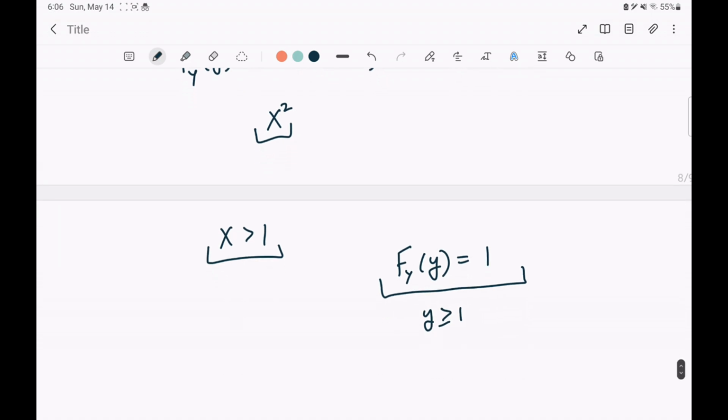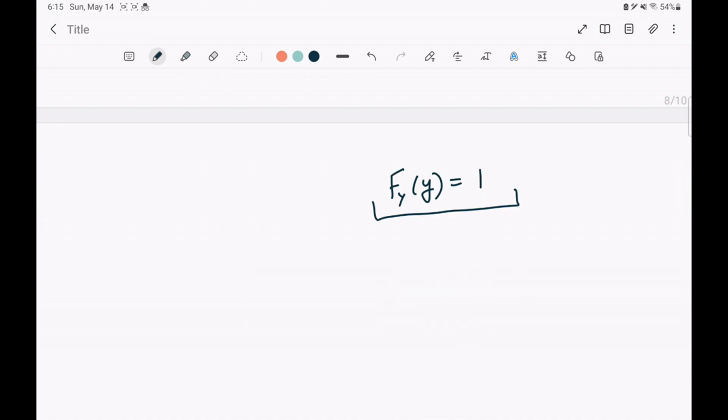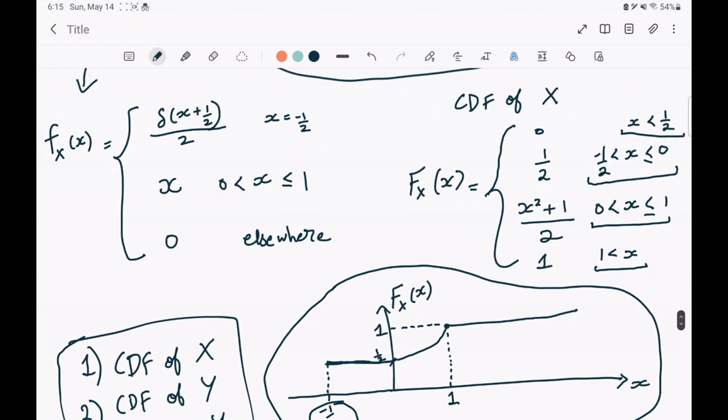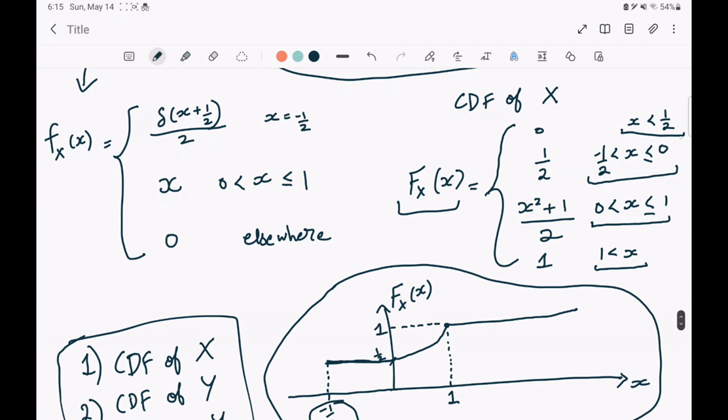And similarly, we divide the ranges of small y based on the ranges of small x. Just like how the range of small x was divided when the CDF of x was computed, we would use these same ranges for small y. So this would be transformed in a way.